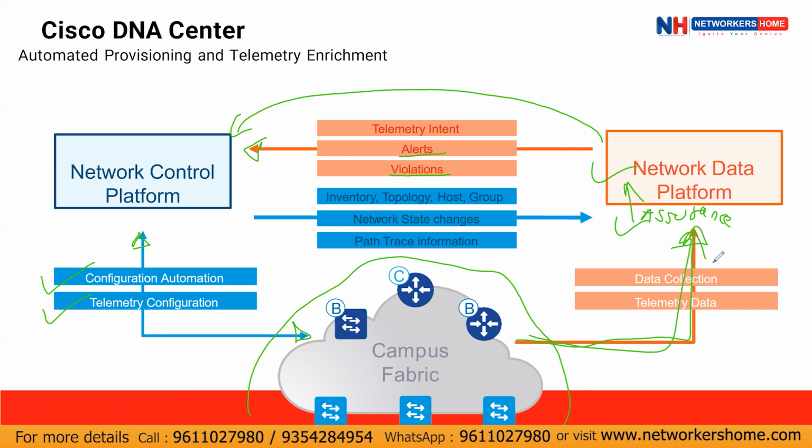For collecting the telemetry, obviously to collect the SNMP logs, you need to define who is the SNMP server. You have to define different kinds of traps which have to be enabled and sent to which server. All this configuration is done via the network control platform. You can call it the automation part, which is done in the provision stage.